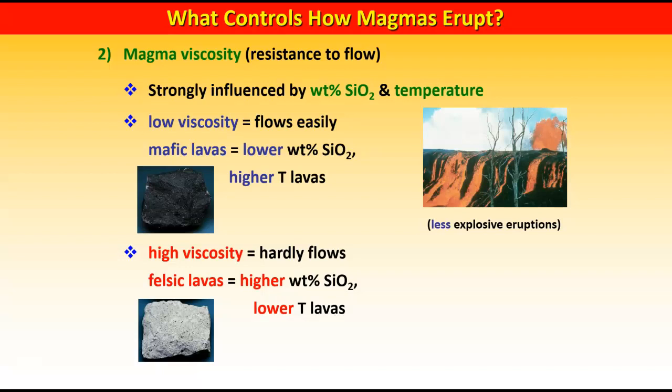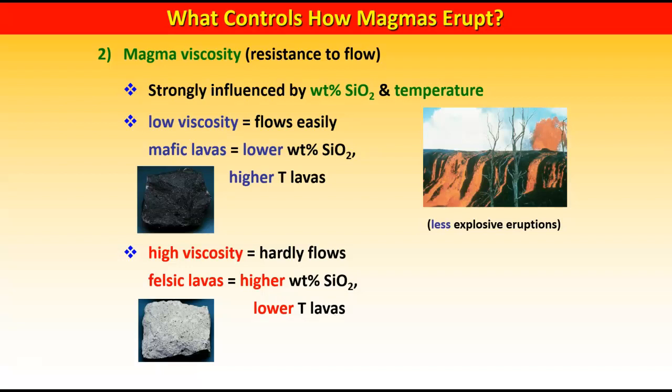They can't get out. And so what does that mean? It means pressure starts to build. And then finally, when the pressure gets so great that the rocks above it can't keep it held together, there's a big blast that breaks through the rocks and totally releases all the pressure. And now these gases wildly expand and boom, I get a very violent eruption. So those are the felsic ones.